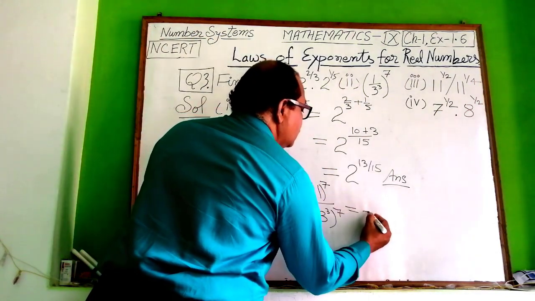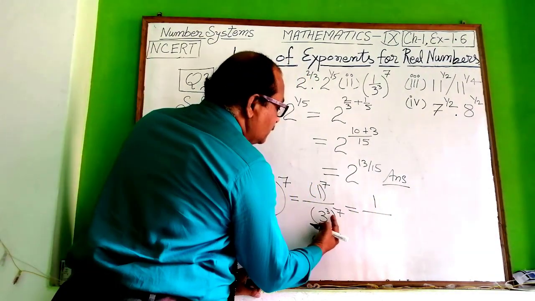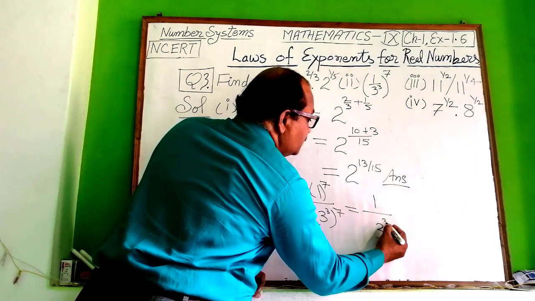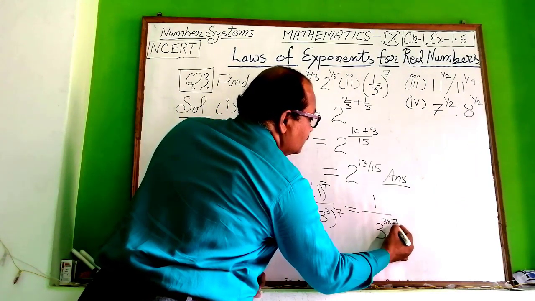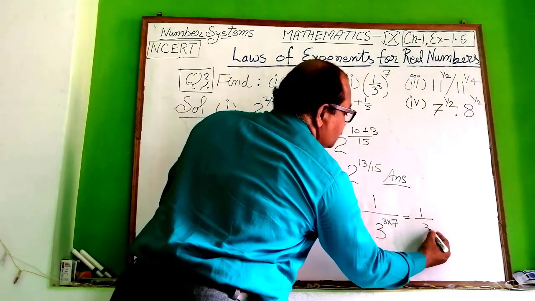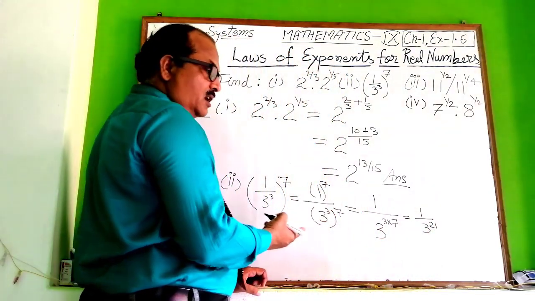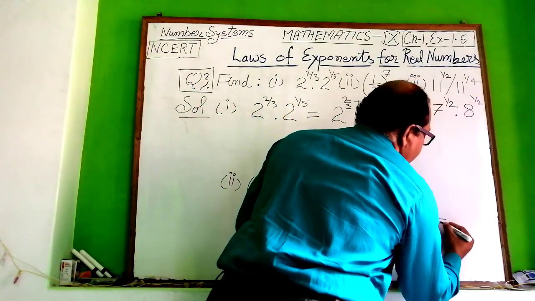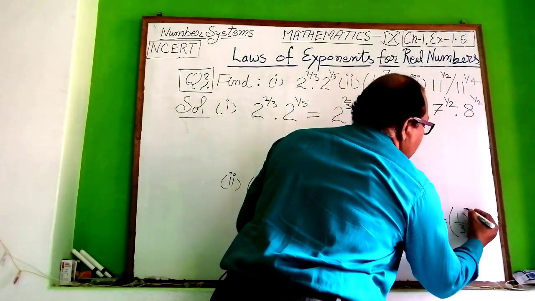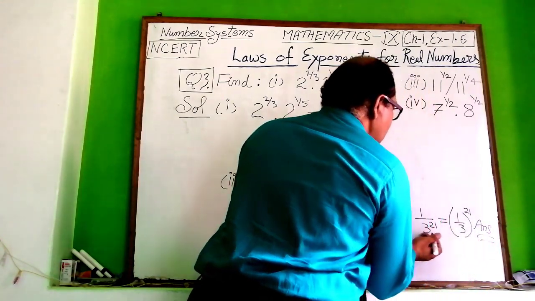So you can write 1 raised to the power 7, only 1, and here power to the power is multiplied, 3 raised to the power 3 into 7. So in the next line we can write 1 upon 3 raised to the power 21. This is your answer. You may also write, if you want, 1 upon 3 raised to the power 21. Both are correct.